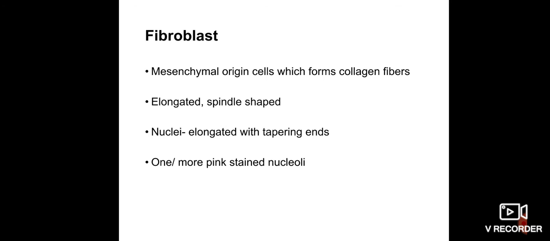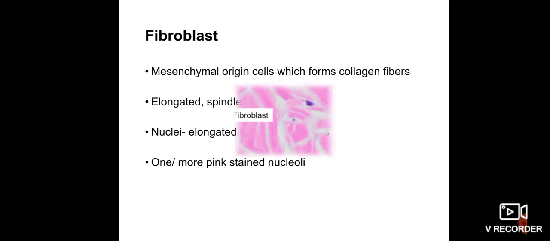Then next is fibroblast. So fibroblasts are mesenchymal origin cells which form the collagen fibers. They are elongated spindle cells. Now what are the cells which are spindle? So one is fibroblast, one is your smooth muscle, then you have myofibroblast. So you should know certain features about each. So fibroblast, spindle shape, but the nucleus will be elongated with tapering end, and the nucleoli will be pink stained.